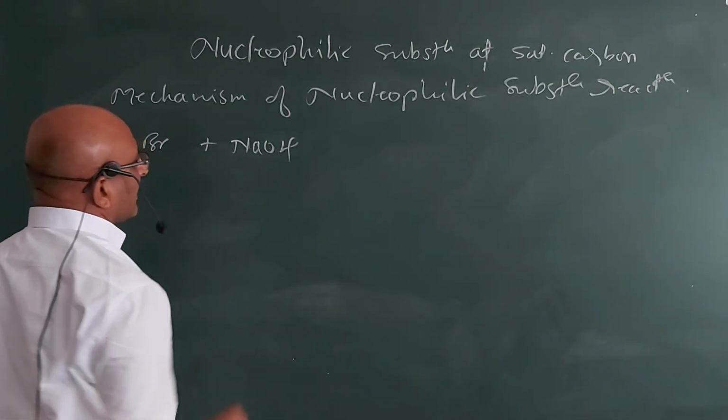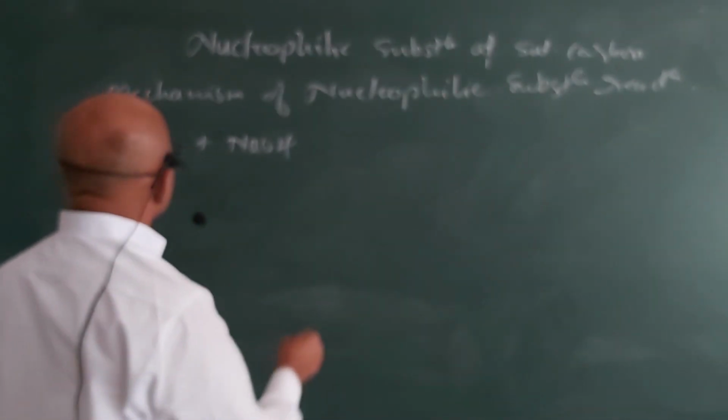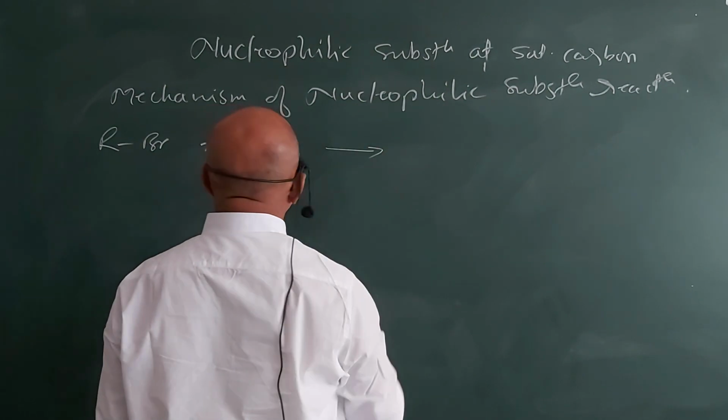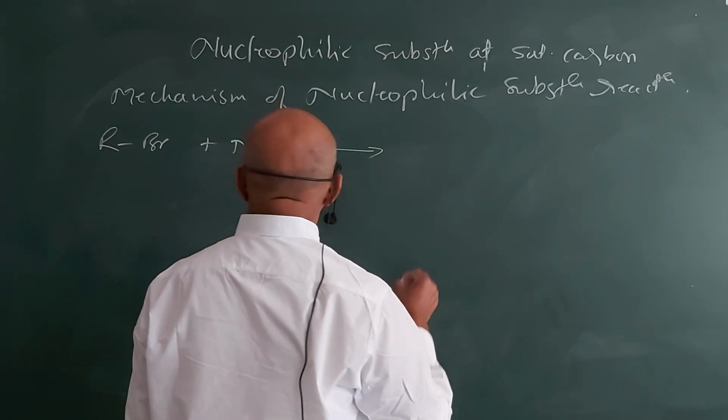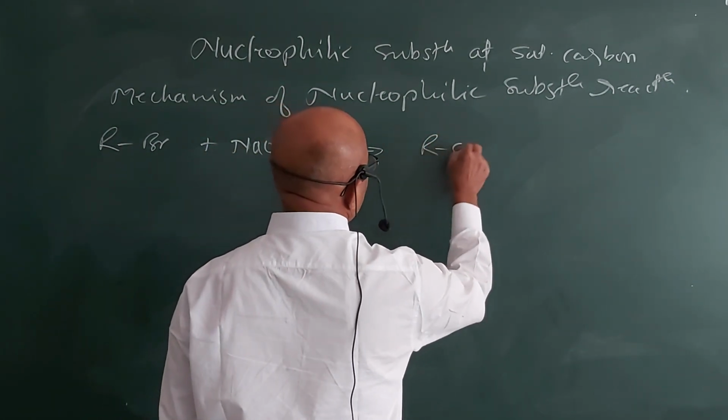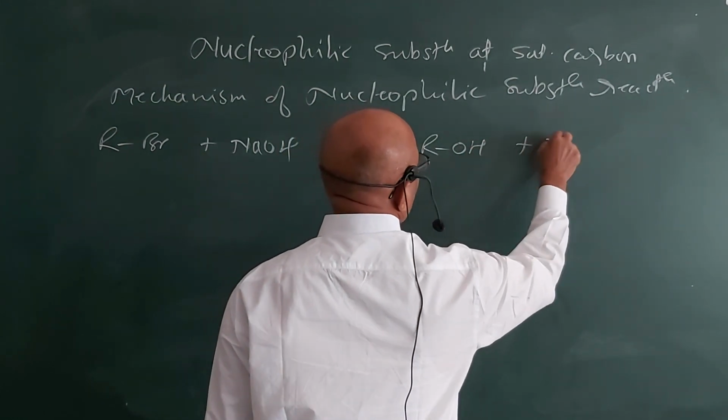So most often we have studied that RBr plus NaOH, that is the alkyl halide, reacts with a base or the alkali, and we get the product that is ROH plus NaBr.